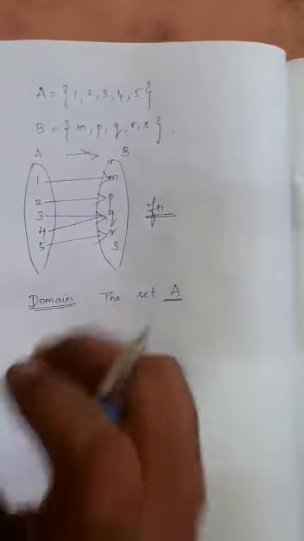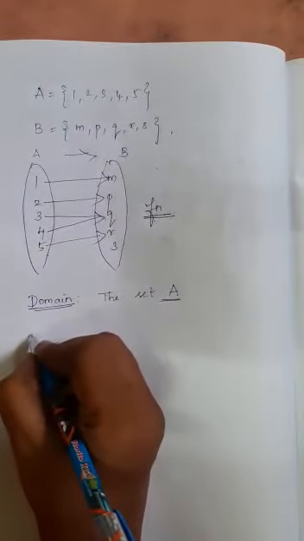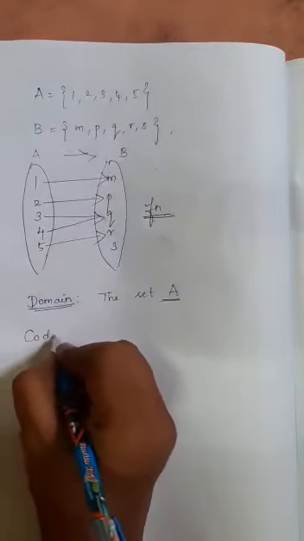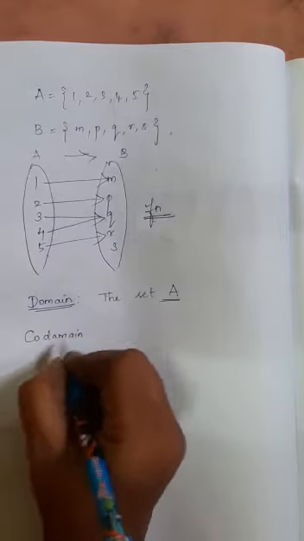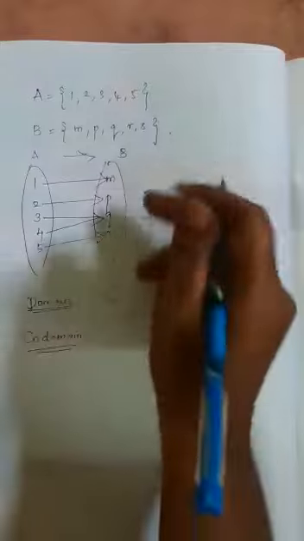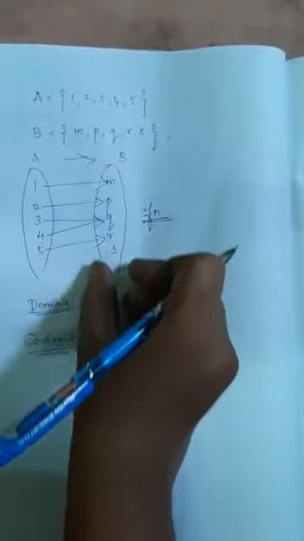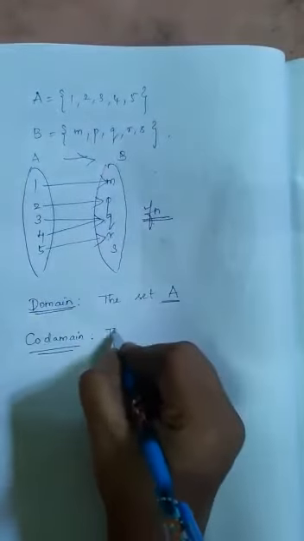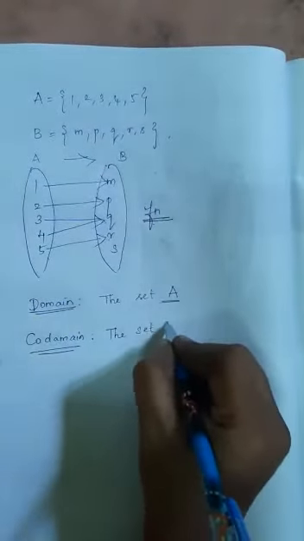The set A totally is known as the domain. Now what is codomain? Codomain is the set B, whether it is mapped or not. All the elements in set B are known as the codomain.